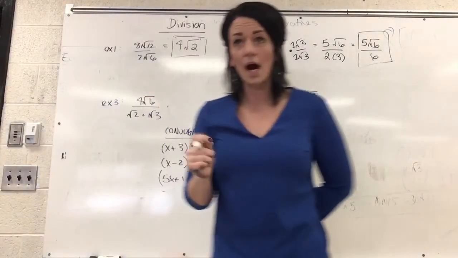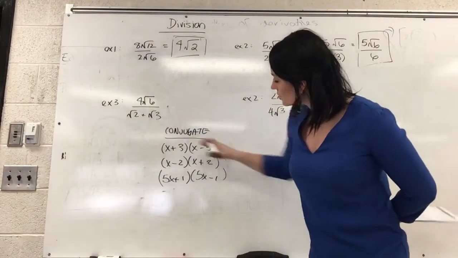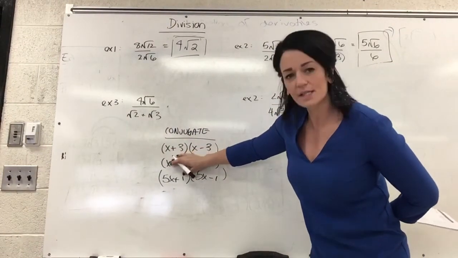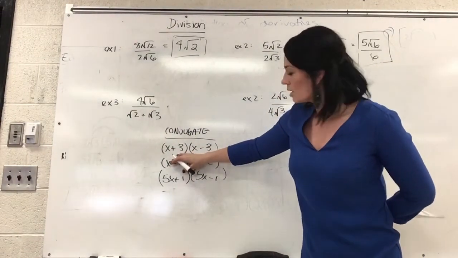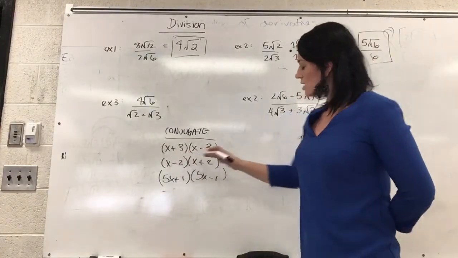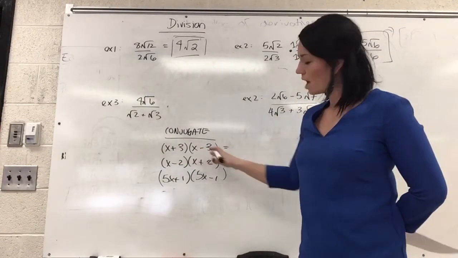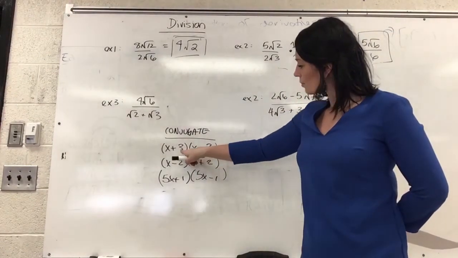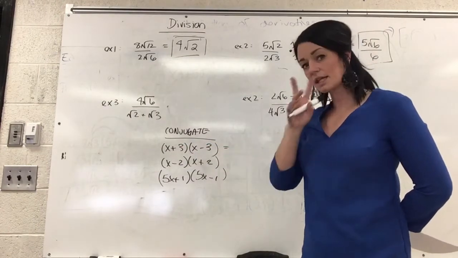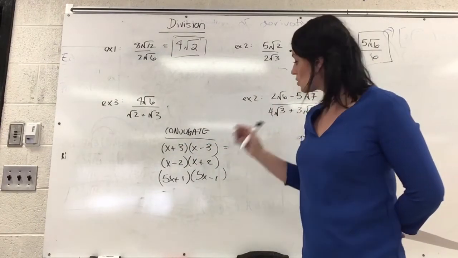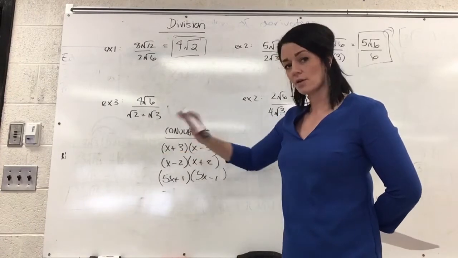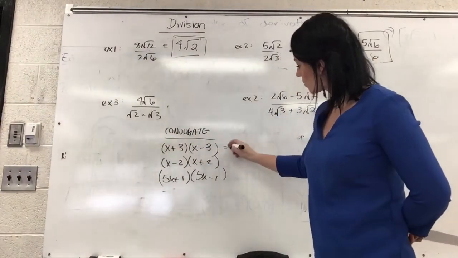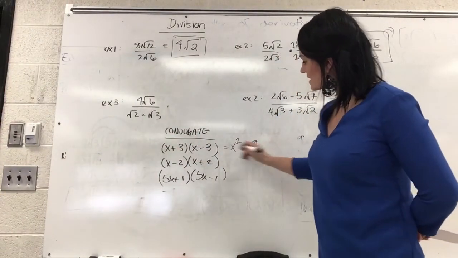Now, the cool part about conjugates, well, right when you're looking at this, hopefully you're like, oh, it looks like a difference of squares factored. Well, it is. It's the opposite of that. So basically, if I was to multiply this out, I would end up with plus 3x minus 3x. So the middle terms cancel. So when I multiply conjugates, the only thing I'm left with is the first term squared minus the second term squared.